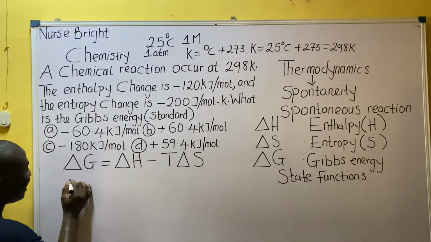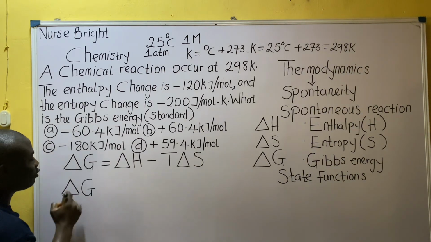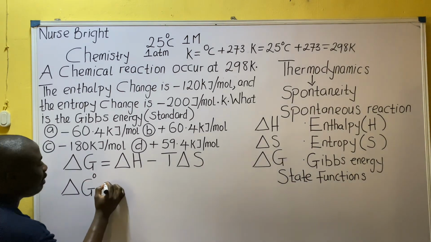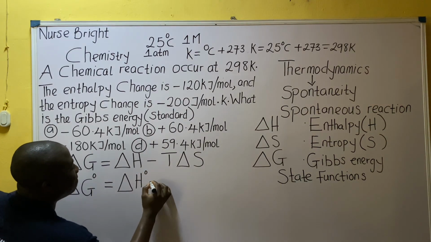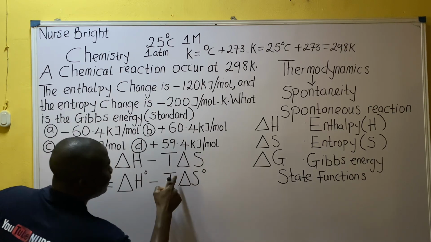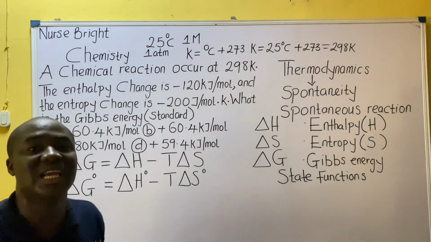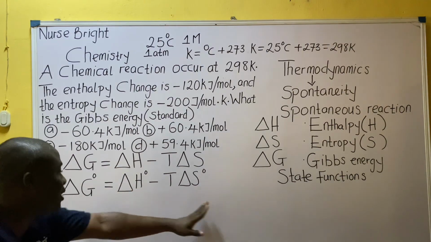I know it is delta G, but since it is standard Gibbs energy, it will be delta G naught is equal to delta H naught minus T delta S naught. The T, which is temperature, does not have any naught. This symbol is pronounced as naught. Now, why did I do it like this?